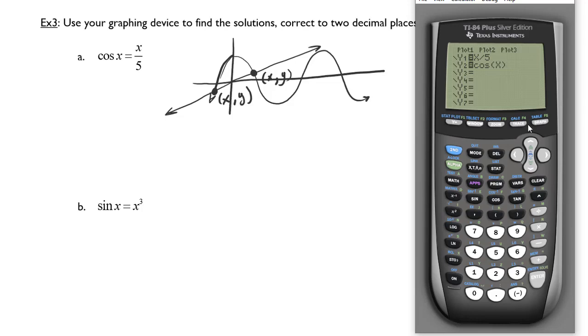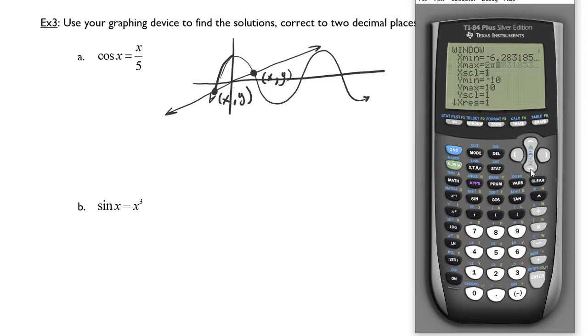And I'll just double check my window here. Let's make this be in some sort of measurement that makes a little more sense. I want to go from negative 2 pi to positive 2 pi.